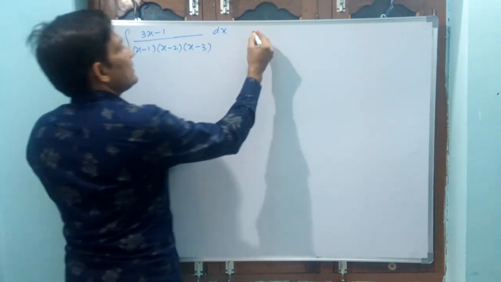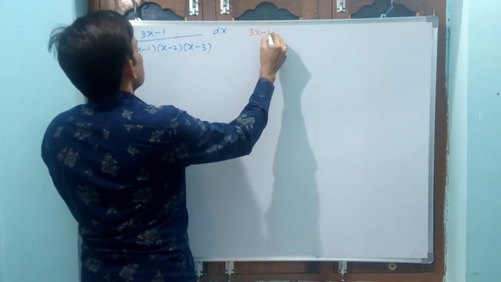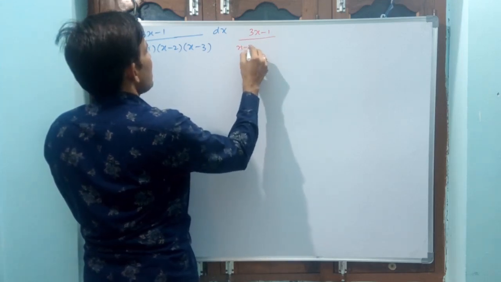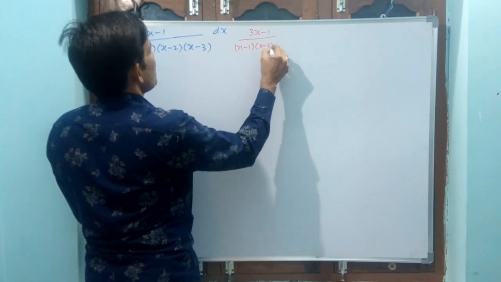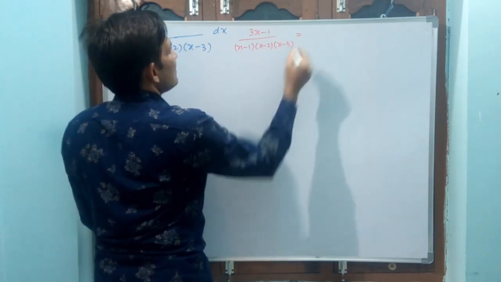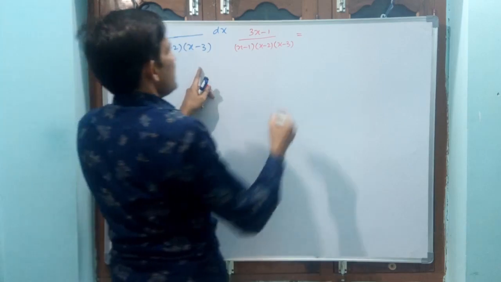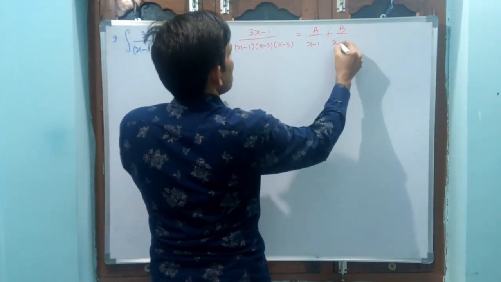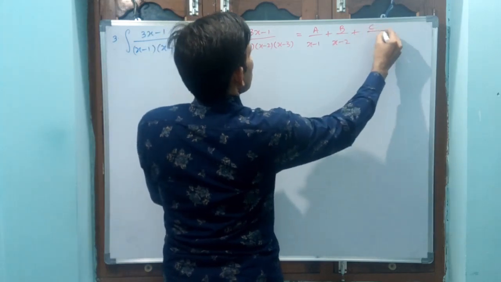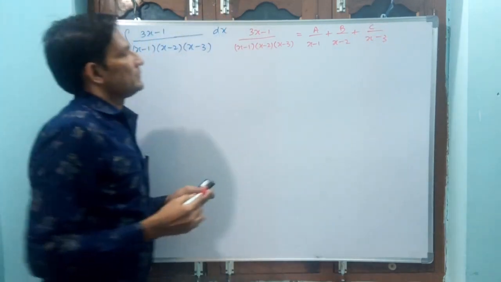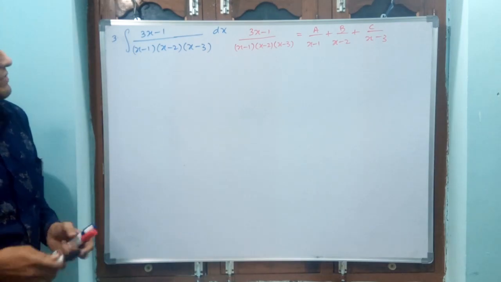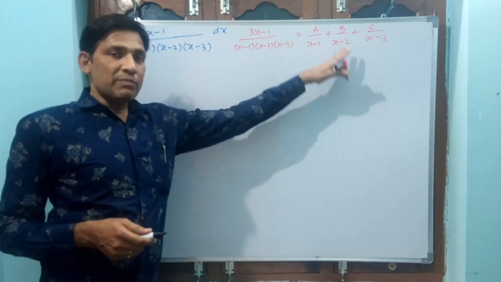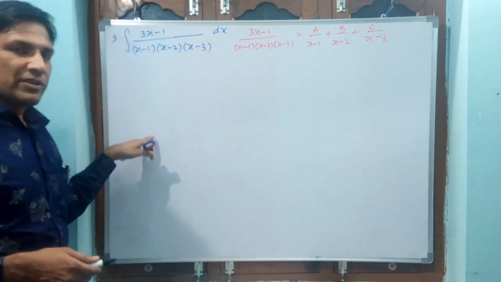See how I am writing. 3x minus 1 by x minus 1 into x minus 2 into x minus 3 is equal to, see how I am equating, a by x minus 1 plus b by x minus 2 plus c by x minus 3. Like this you have to equate first. See, this is integral, this is partial fraction. After getting a, b, c values, partial fractions we are going to convert into integrals.